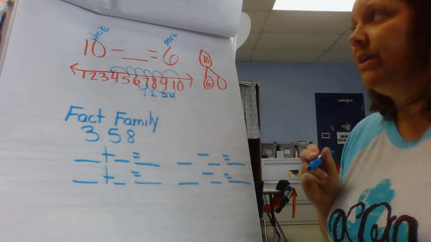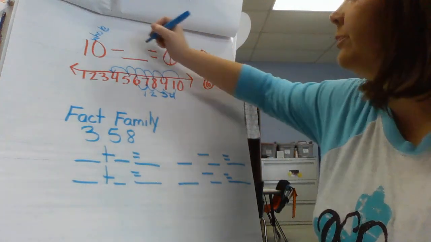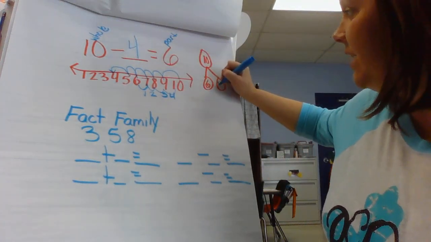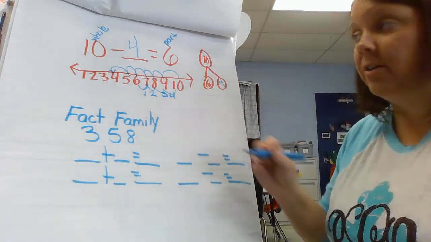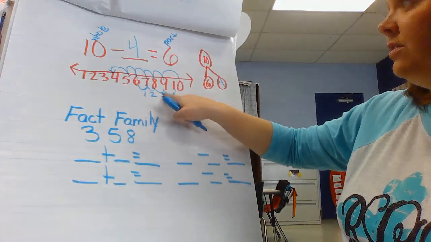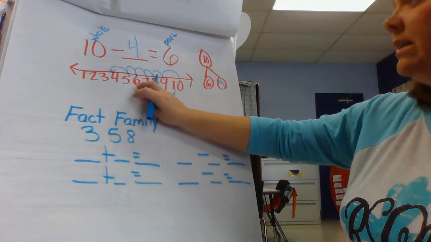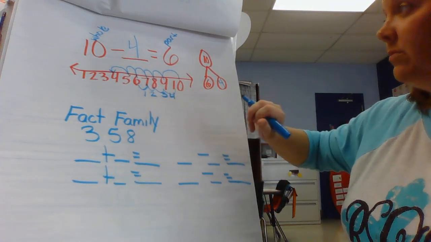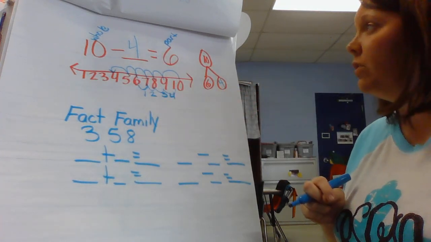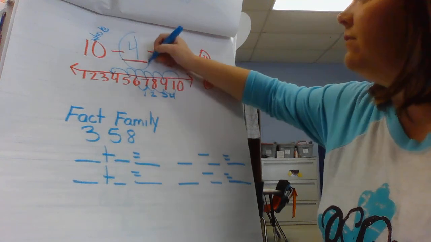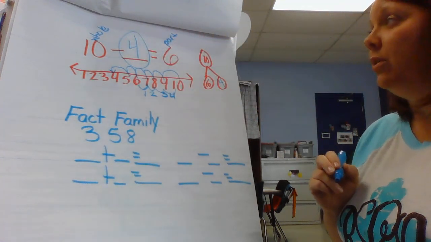You're also going to land on the number 4. Either way that they choose to solve this is fine, as long as they are finding the correct answer. 6 is 4 spaces away from 10, or if we start at 10 and jump back 6 places, we find the number 4. As long as they understand that 4 was the missing part.